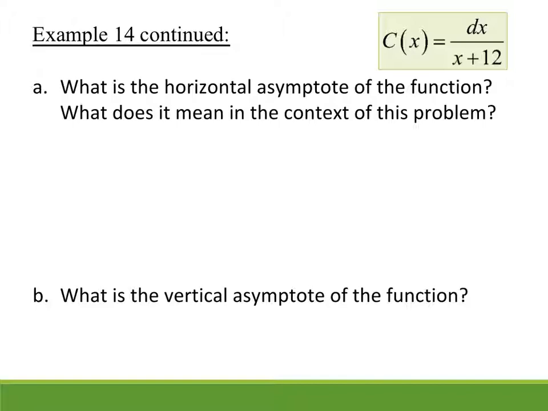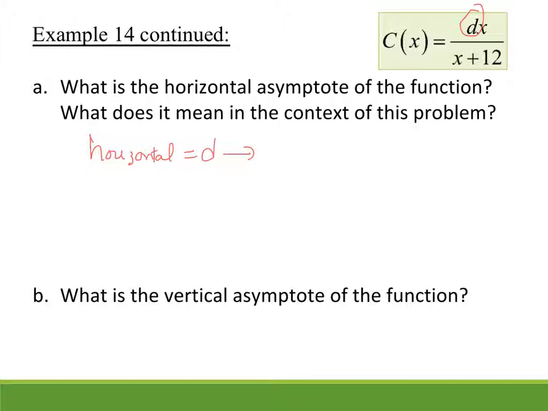So in this case it says, what is the horizontal asymptote of the function? In other words, what does it mean in the context of this problem? Well, the horizontal asymptote in this function, as you can see, is D. And in this context, it means that the dosage can never go over what is prescribed for an adult.